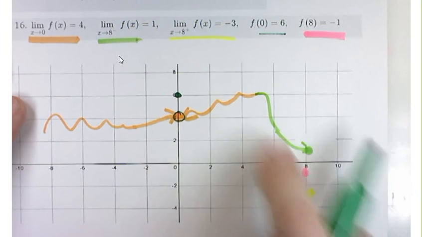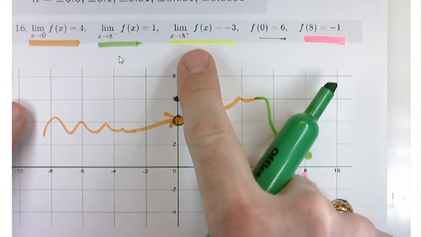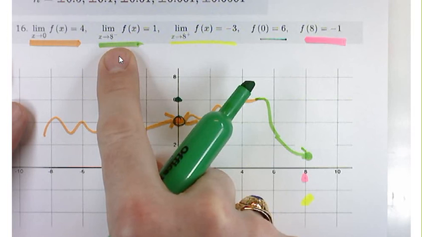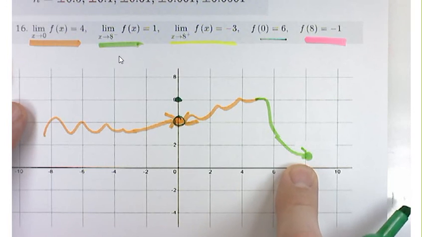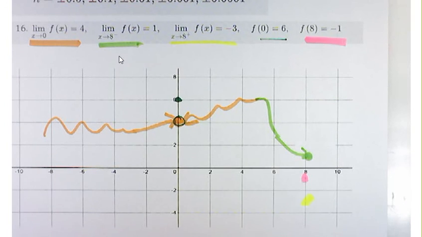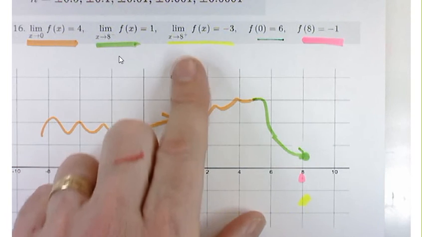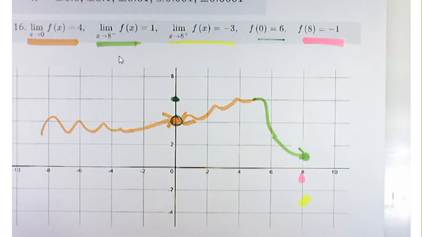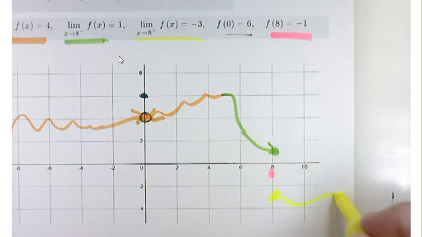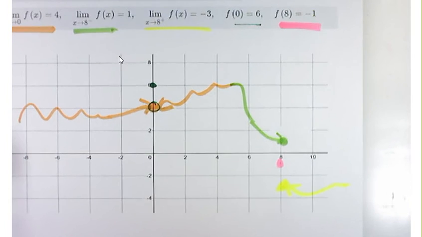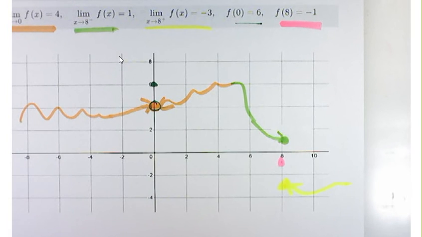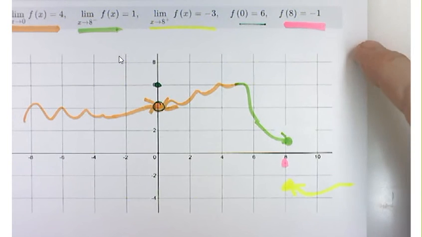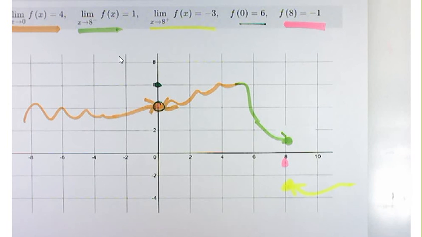As x approaches 8 from the left, the limit is 1. Beautiful. We also have to do something likewise as x approaches 8 from the right. It's going to get down to -3. So basically you're going to have some kind of a line here that gets to -3. And then I think we've got the rest of everything. So, yay. Looking good on that one.